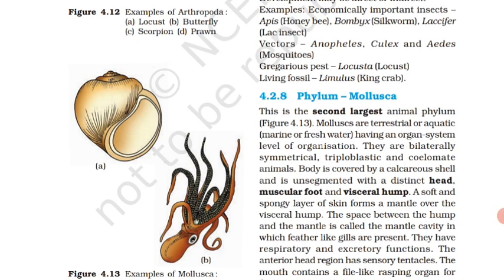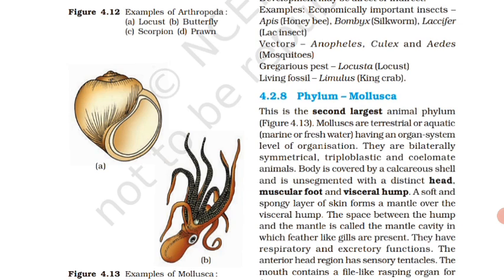This phylum consists of a small group of worm-like marine animals with organ system level of organization. They are bilaterally symmetrical, triploblastic and coelomate animals. The body is cylindrical and is composed of an anterior proboscis, a collar, and a long trunk.